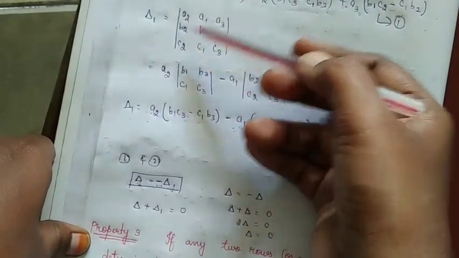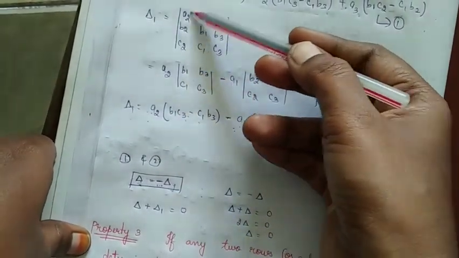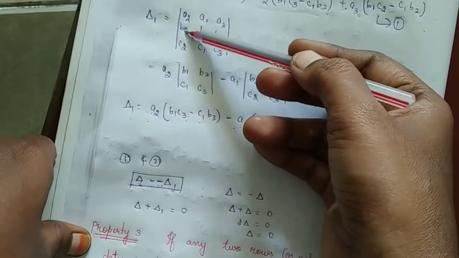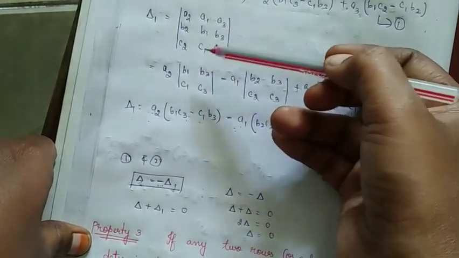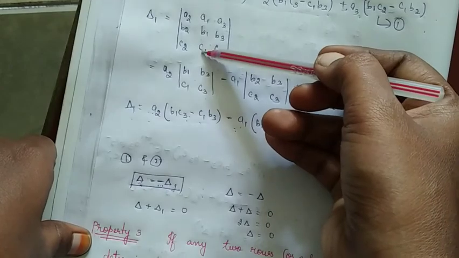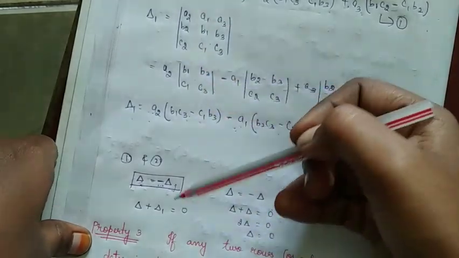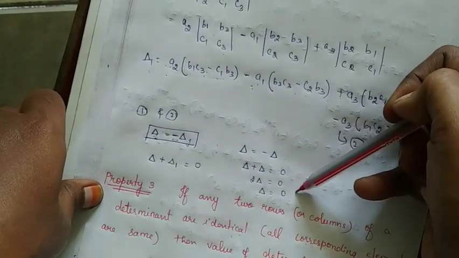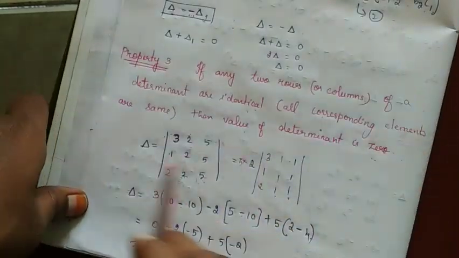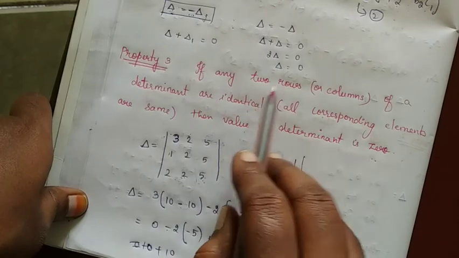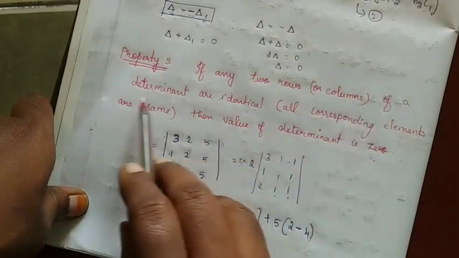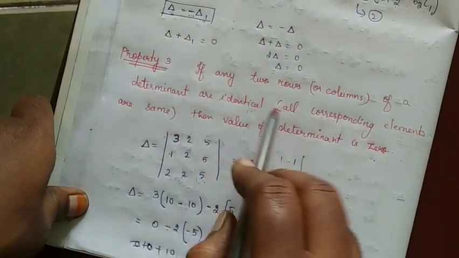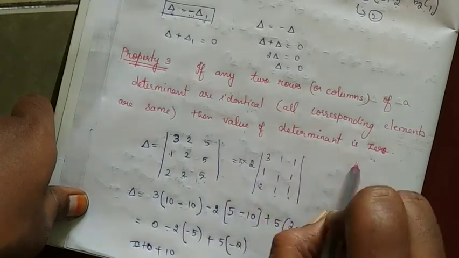But if the values are equal, this A1 B1 C1 and A2 B2 C2, these two values are equal, then automatically this value will go to 0 here. The determinant value will be 0. That is what is given in property 3. If any two rows or columns of the determinant are identical, then the value of determinant is 0.